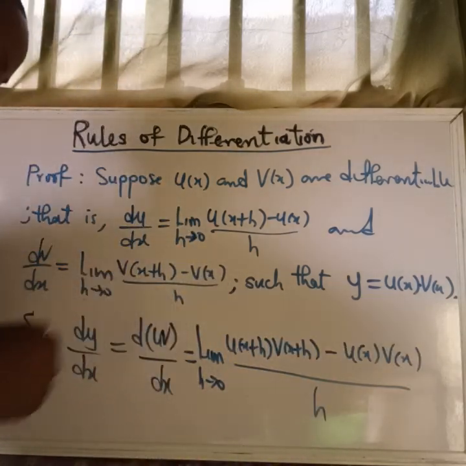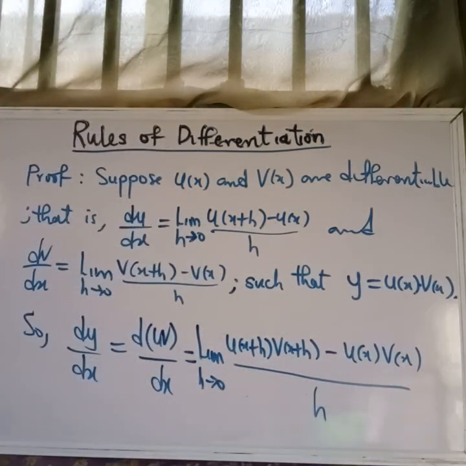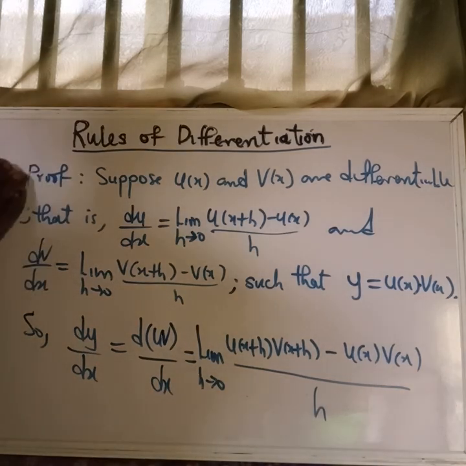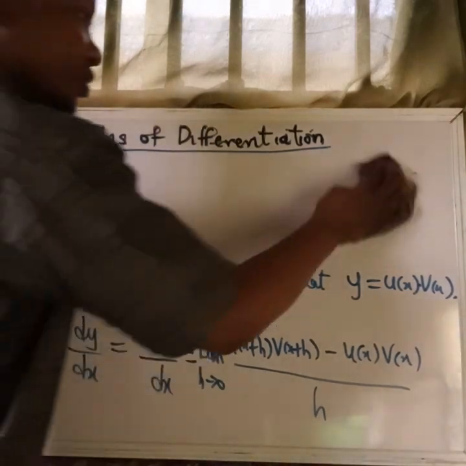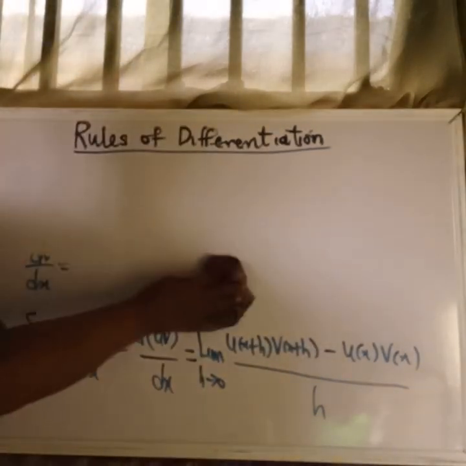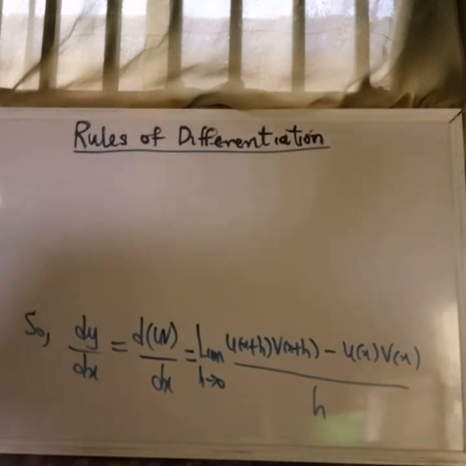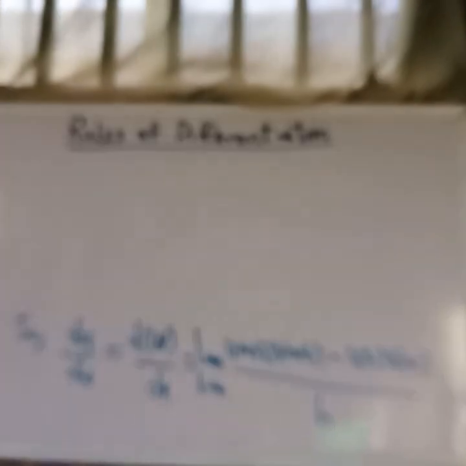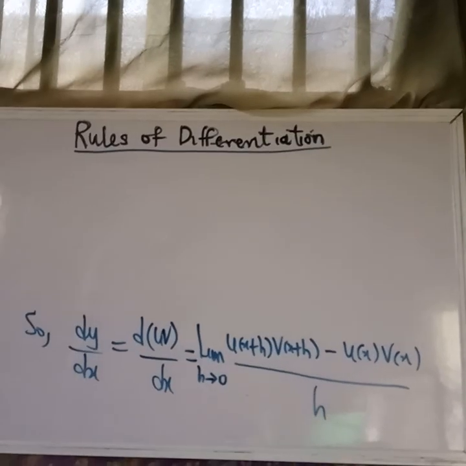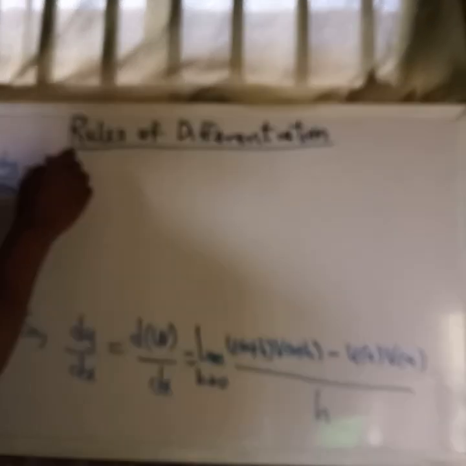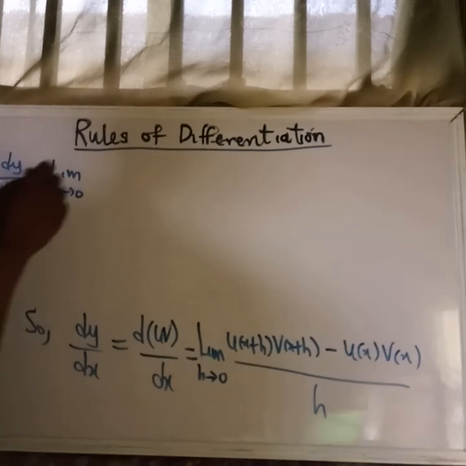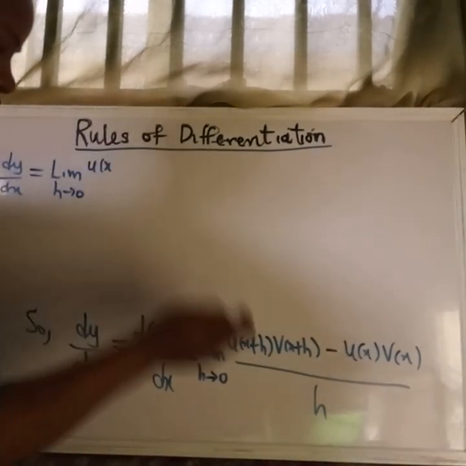Furthermore, when we simplify this further, let's bring this up. So this is equal to the limit as h tends to 0, just as we have it here.